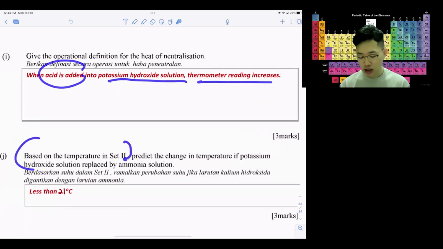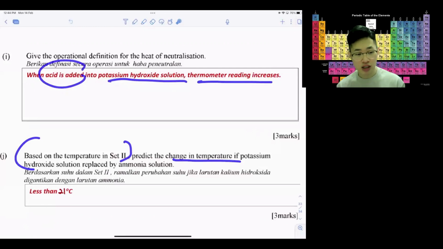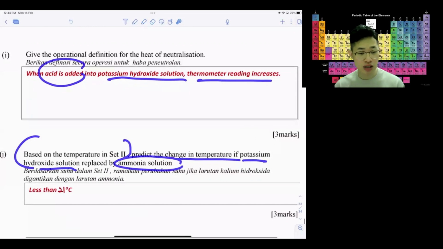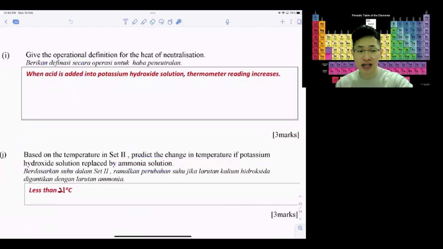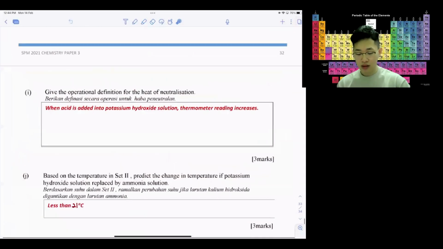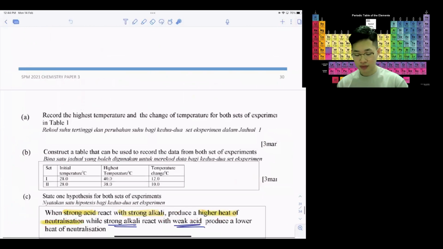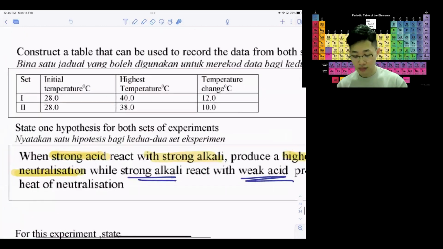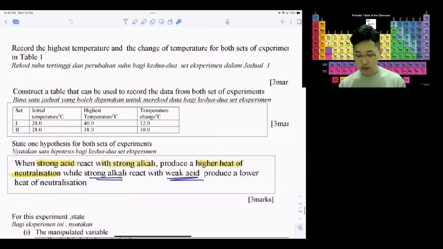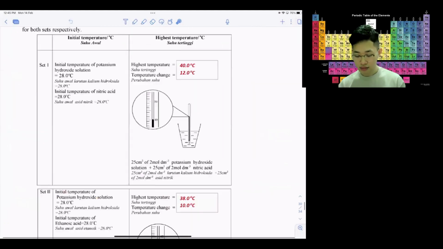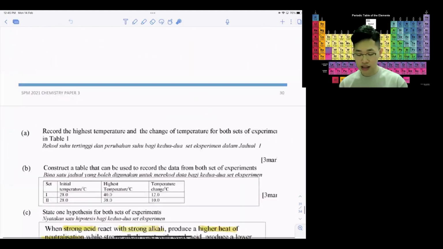Based on experiment set 2, predict the change in temperature if potassium hydroxide is replaced by ammonia solution. If we change a strong alkali to a weak alkali, you see, experiment 2. How come it's 10 here? I read it wrongly already.